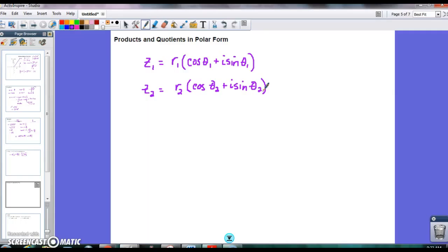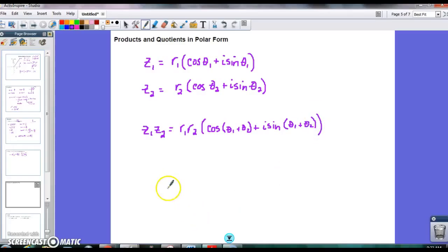The product is just multiplying them together, so z1 z2. When you multiply your complex numbers together, you multiply the r's together, but then you add the angles. So it would be cosine of theta 1 plus theta 2 plus i sine of theta 1 plus theta 2.